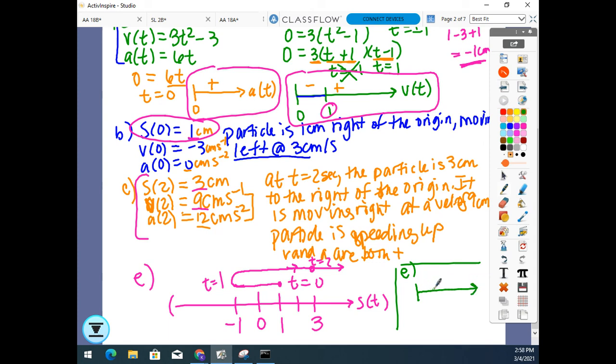At 1, it's negative and positive for V, and it's always positive for A. So for it to be increasing, we want to know when are they both the same. So they're both the same from 1 to infinity. And that's it.